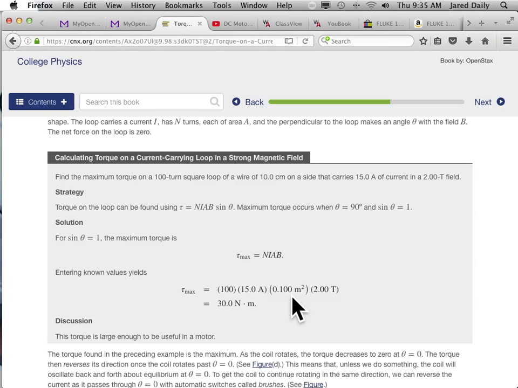10 times 10 is 100, but you need to do 0.1 because it's 10 centimeters, not 10 meters. So 10 centimeters is 0.1. Yeah, you need to convert it into meters and then square it. They didn't do that. This should be 0.1 times 0.1, which is 0.01.